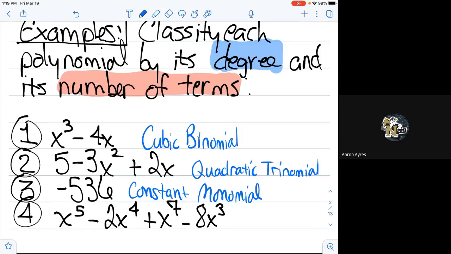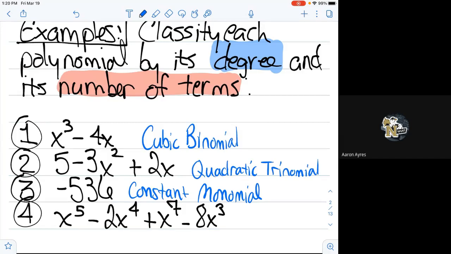How many terms do you have? You have 4 terms. So what kind of polynomial is that? Look in your term table. Yeah, there you go. Now, what's the highest exponent on x? 7. So it's a polynomial of 7th degree. Okay?